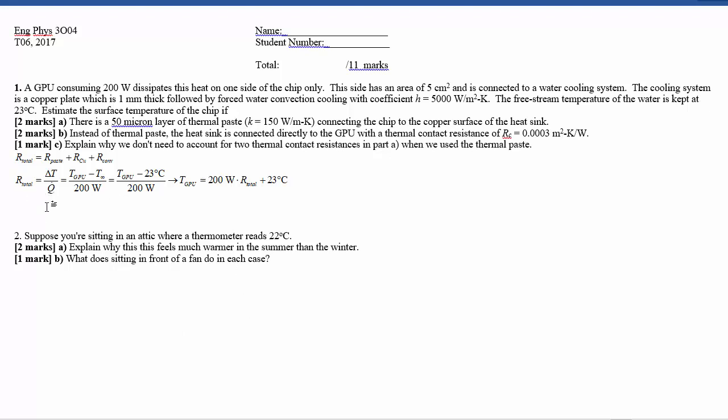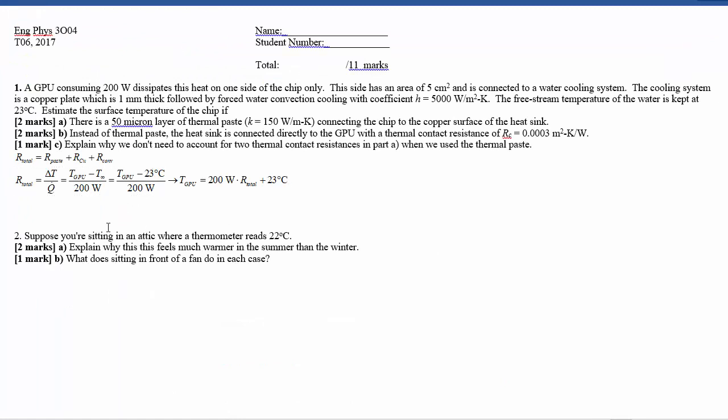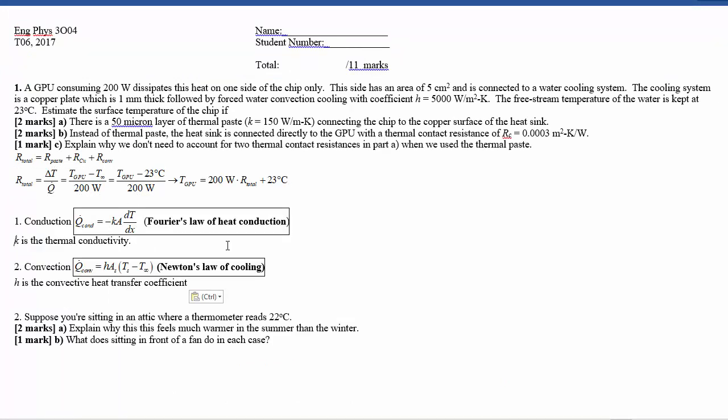So then what we're going to need to do is write down what these resistances are for the different elements. We've got a conduction part, another conduction part, and then a convection part. To figure out what these resistances are, we can use the heat transfer laws associated with them. So we'll need the conduction and convection ones.